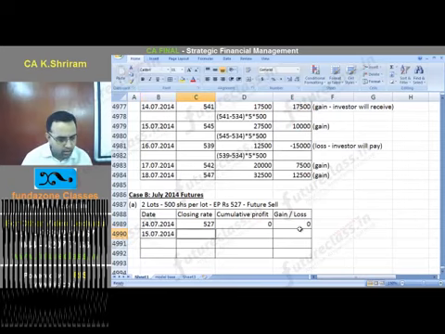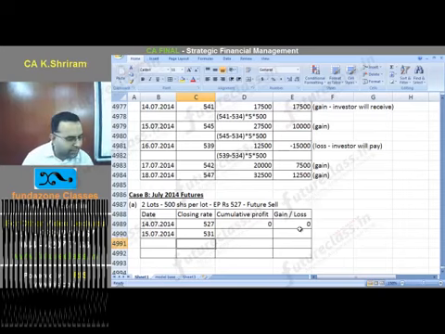15th July, what is the closing rate? 531. Is that a gain or a loss to the investor? Why? It's a sale. He agreed to sell at what price? 527.